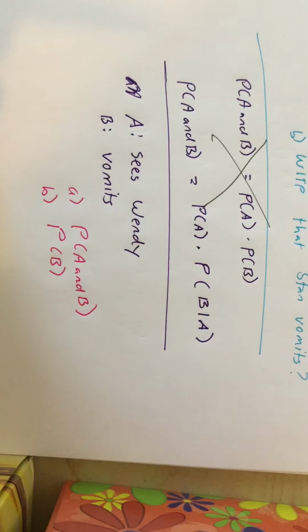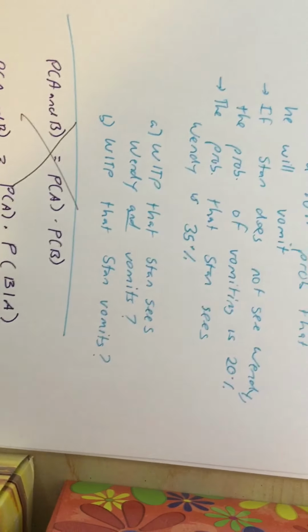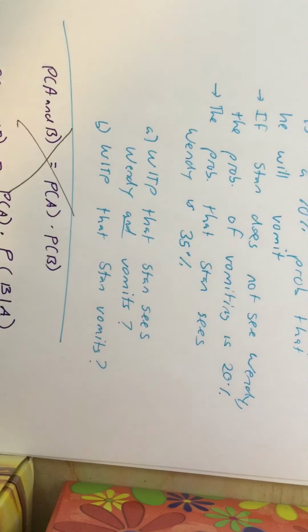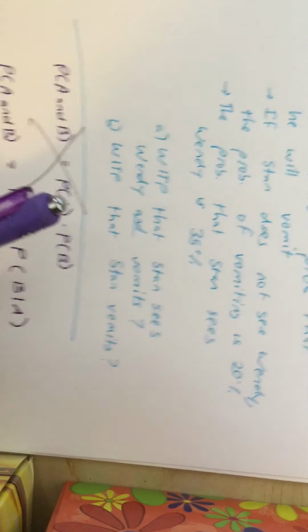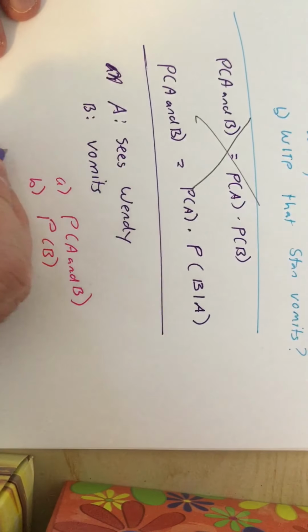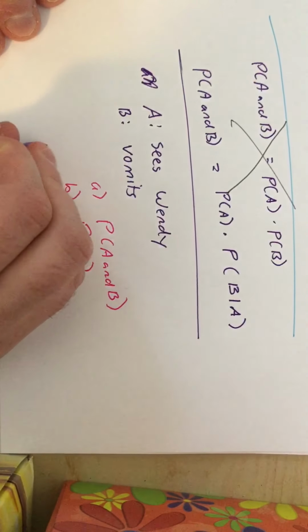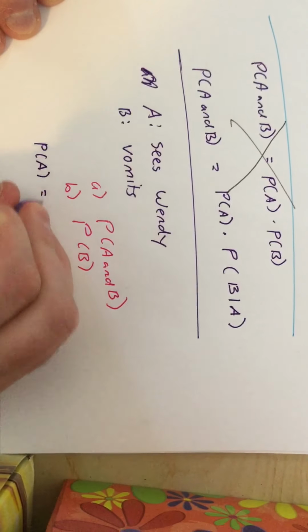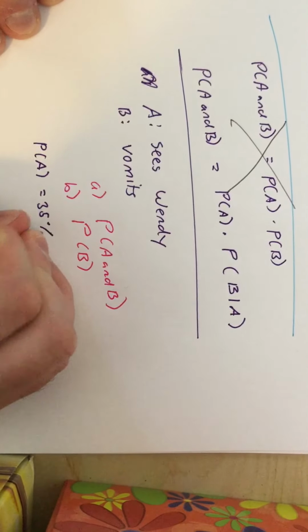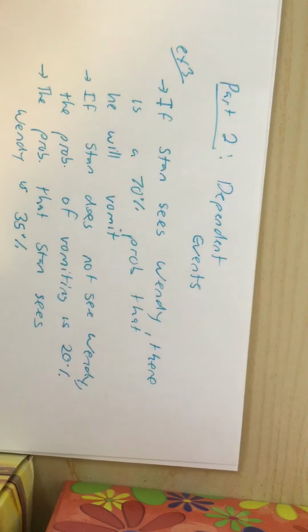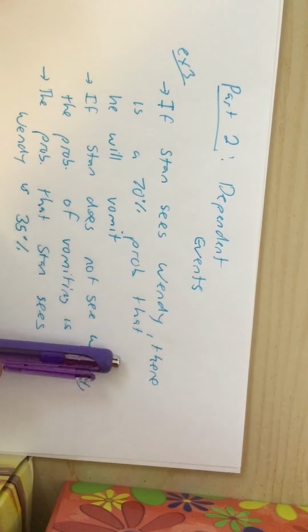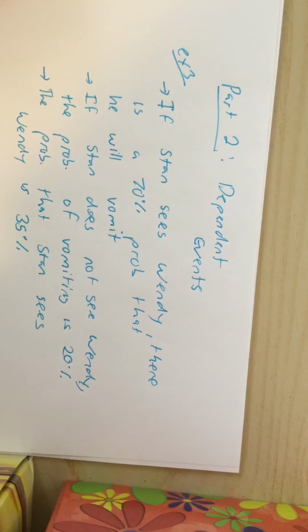So we have a couple of things. First, we have our 35%. So 35% is the probability that Stan sees Wendy. So the probability of A is 35%. Then we have the 70% thing. If Stan sees Wendy, there's a 70% probability that he will vomit.